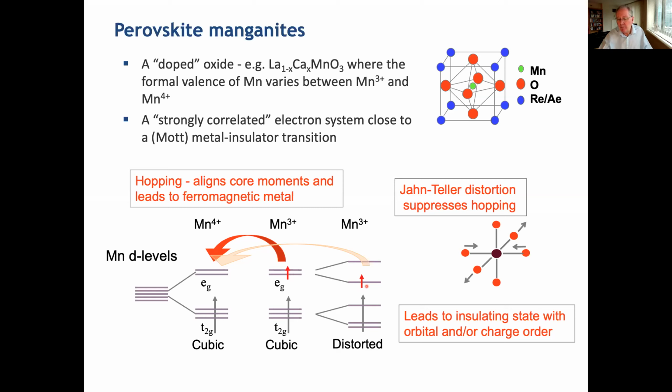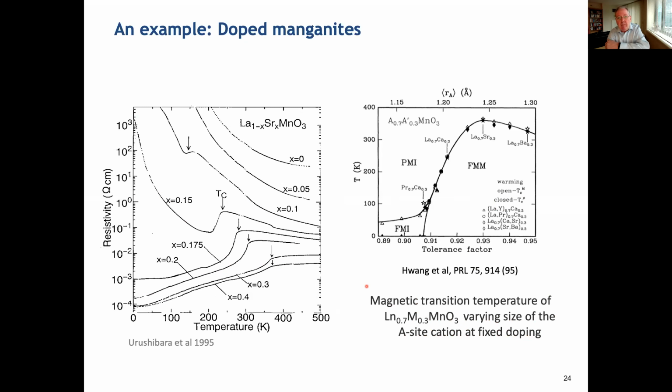But equally, the coupling to the lattice matters. So here's some data on that system. Again, this is very old. This is a pretty old topic. Actually, it goes back to Goodenough in the 1950s, rediscovered in the 1990s. Here you see the resistivity, log scale, as a function of temperature for this series, lanthanum strontium manganese oxide.